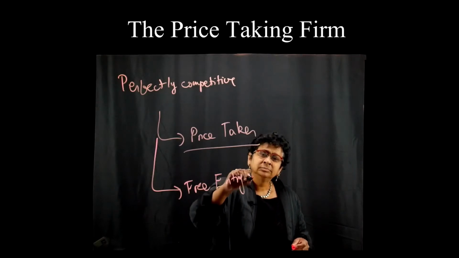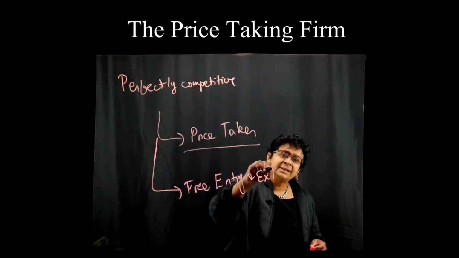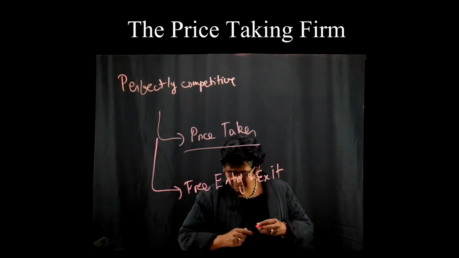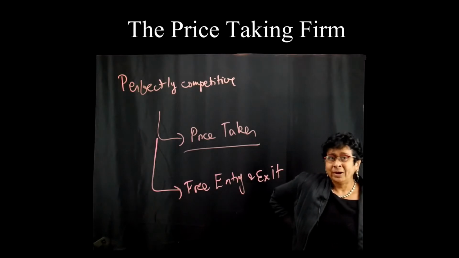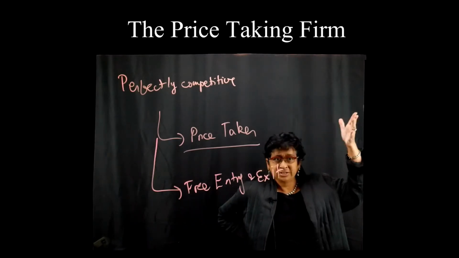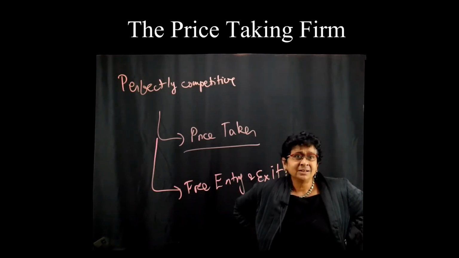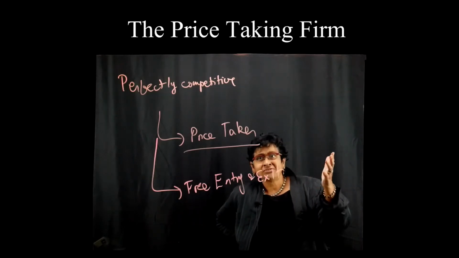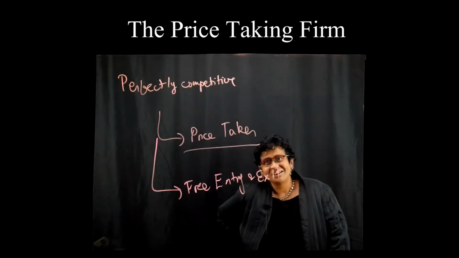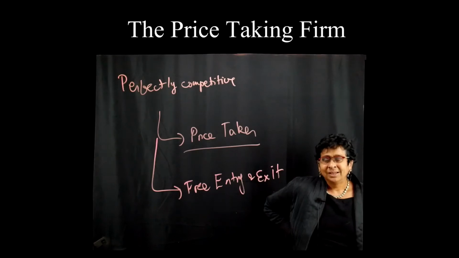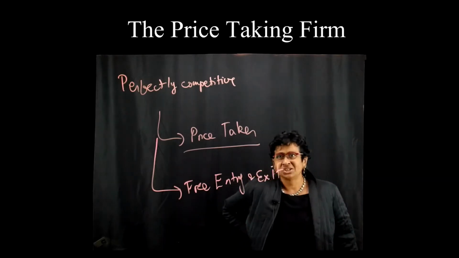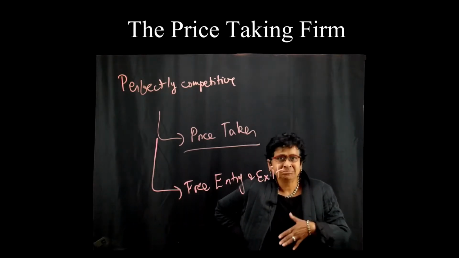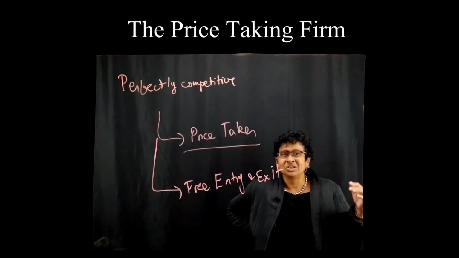Anybody who can sell this product at this price can show up. And this happens, right? So when I drive my car, there is a farm stand. And then of late, I've noticed there are now 5 farm stands. Every time I drive by, nobody can stop them. And, you know, there's free entry and exit. Anybody can show up with their basket of cherries and say, so much for Rainier cherries. Right? Anybody can come. If you can't sell your cherries, anybody can leave.